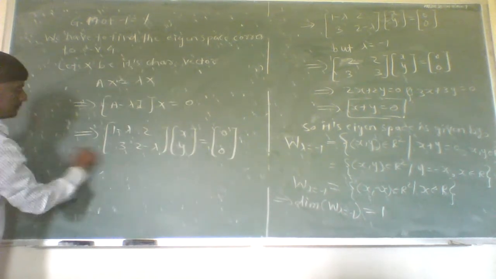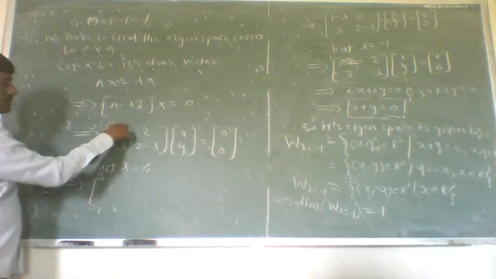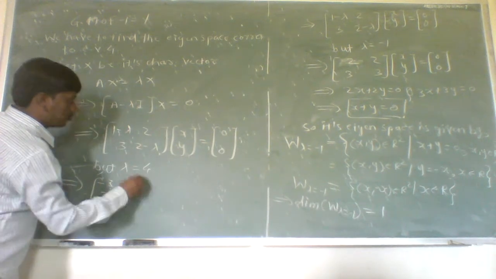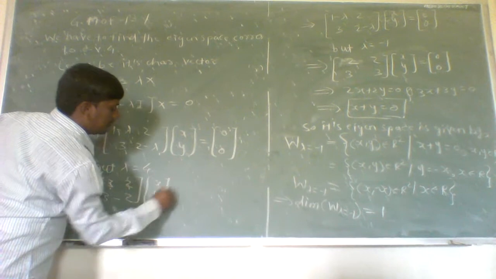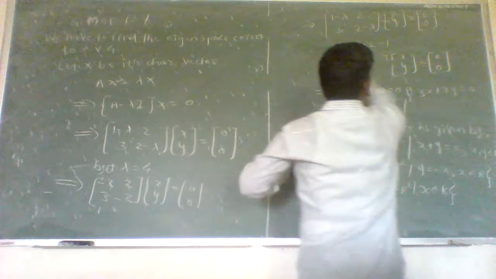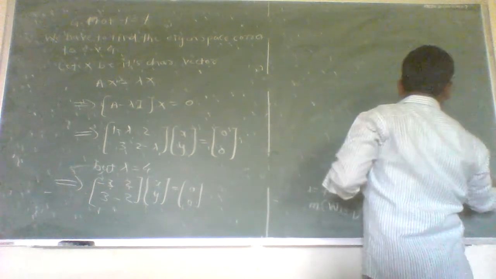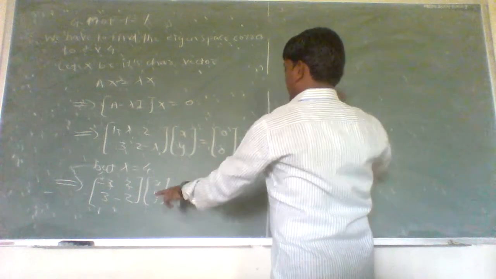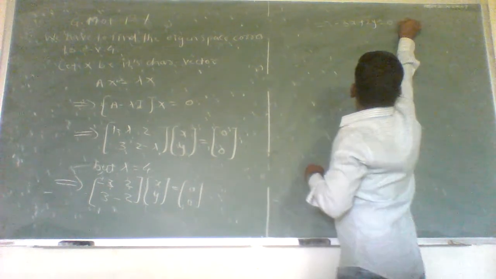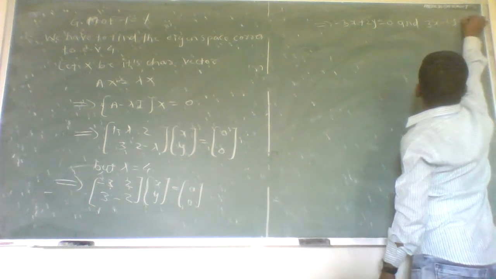Now which is nothing but minus 3x plus 3y equal to 0, and 2x minus 2y equal to 0.